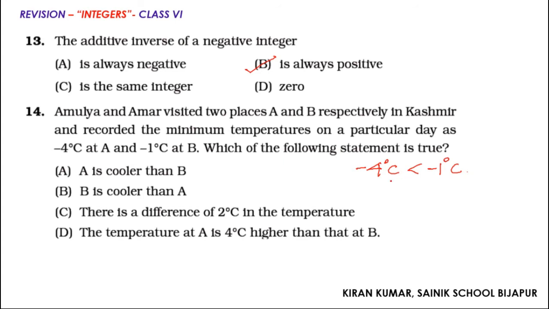So -4 degrees Celsius will be towards the left of -1 degree Celsius on the number line. So -4 degrees Celsius is place A and -1 degree Celsius is place B. Place A is cooler than place B. The right answer is option A.